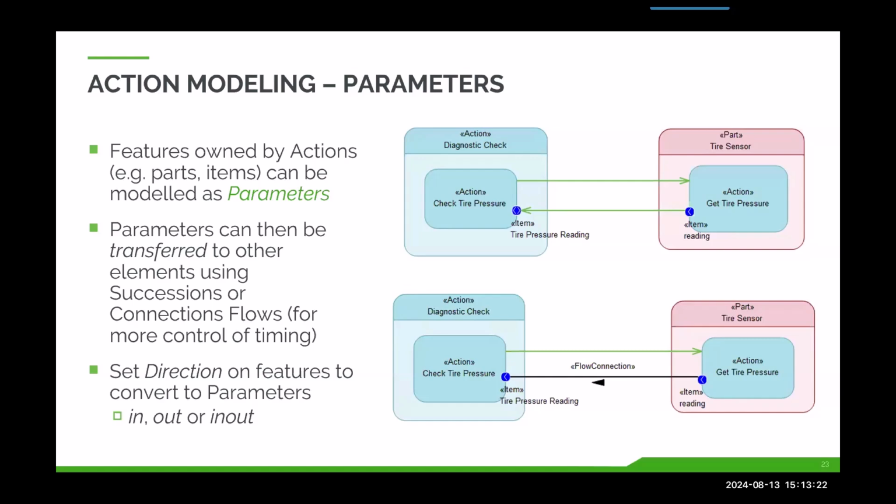If it's something that's going to be transferred to another part of the model, then we can model it as a parameter. We can transfer these parameters to other elements using successions. We see an example at the top using succession, or connection flows. And connection flows give you a little bit more control on the timing of how that transfer occurs.